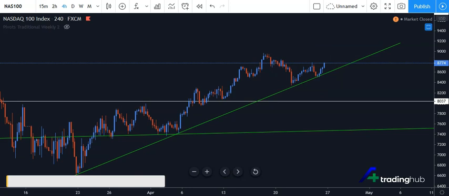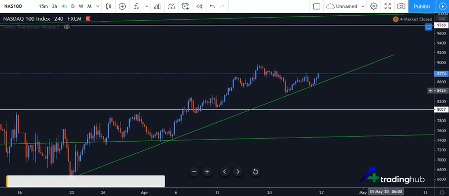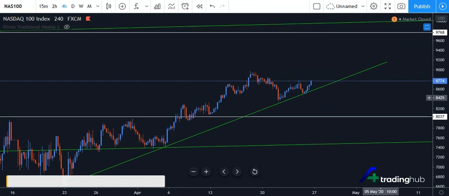So look for your entry within here, then your stops can be here, and your target is up there at the next key zone, the 9,768 zone. That will be your target. So we want to see price break above here and push to the 9768 zone. So that is your trade on Nasdaq for this week.